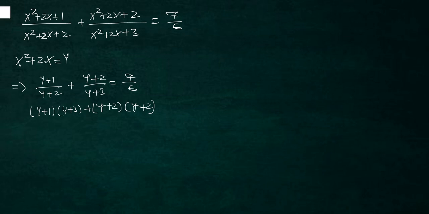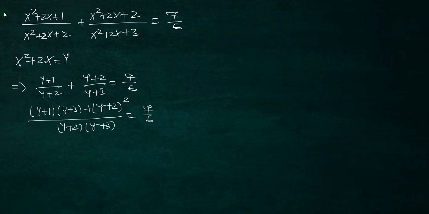And then I'm gonna erase this one here and just write y plus 2 squared, and all divided by y plus 2, which multiplies y plus 3, and then equal to 7 over 6.